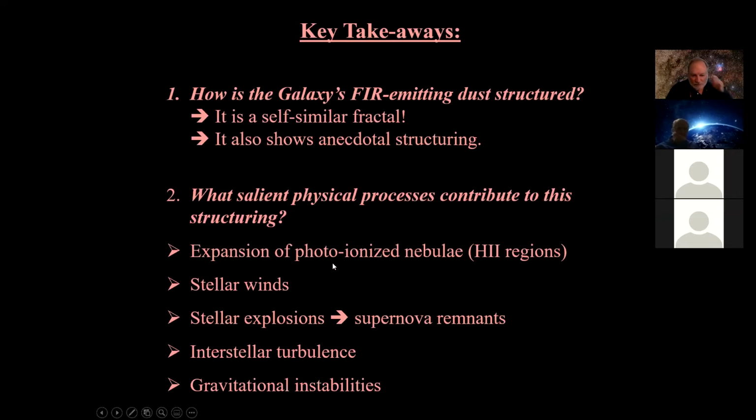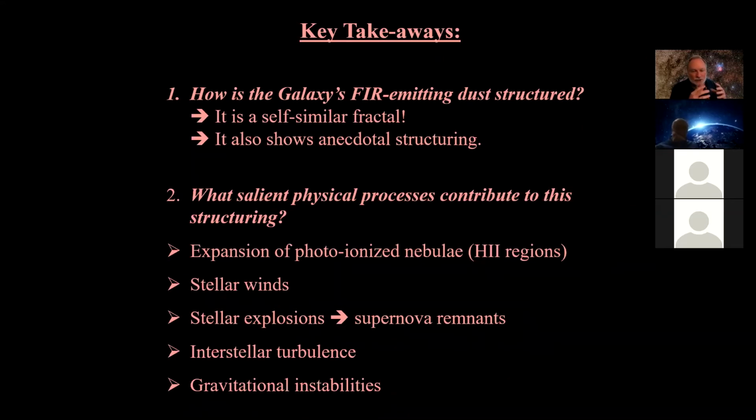So we can start off with just these photoionized nebulae, these pretty red H II regions like the one behind my head. What happens is you have cold molecular gas. It's a cold cryogenic nursery. The stars get made, they collapse gravitationally. The massive stars shine brightly in the ultraviolet.